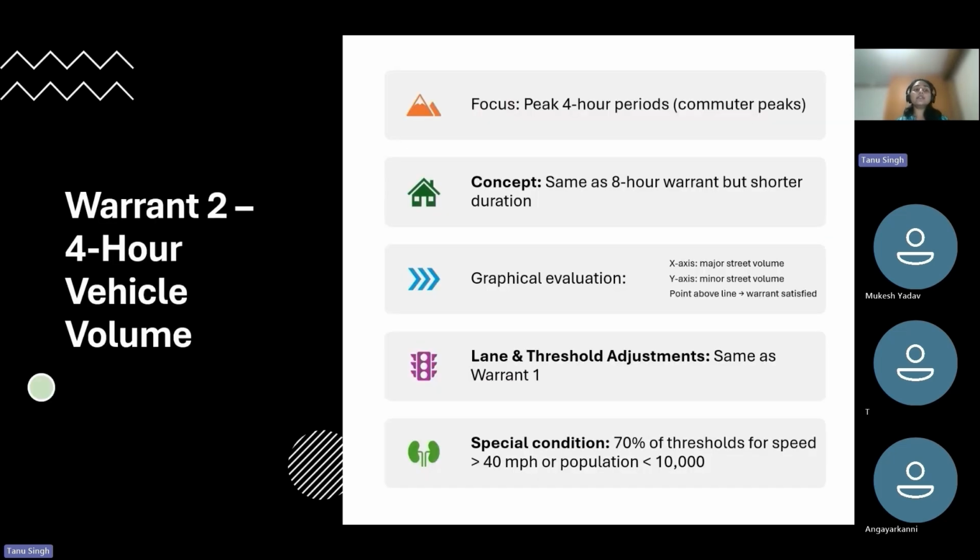Now coming to warrant 2, which uses the 4-hour vehicle volume, usually the morning or evening rush hours. These measure major versus minor street volumes over 4 hours.